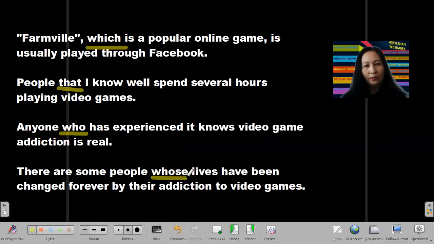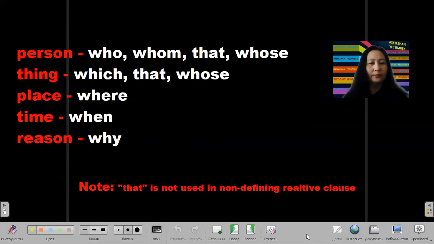As you have noticed, relative clauses start with relative pronouns and some other words as well. So let's see what they are.